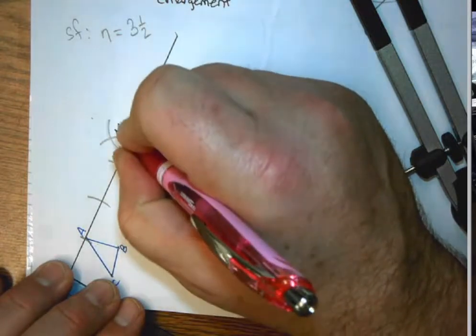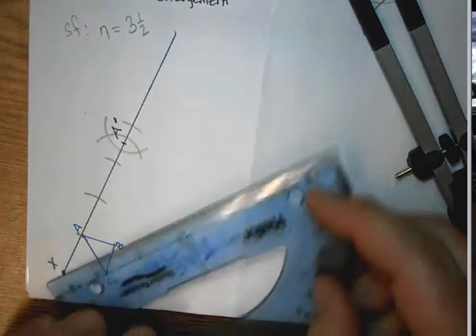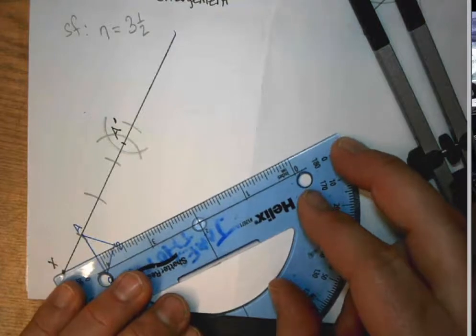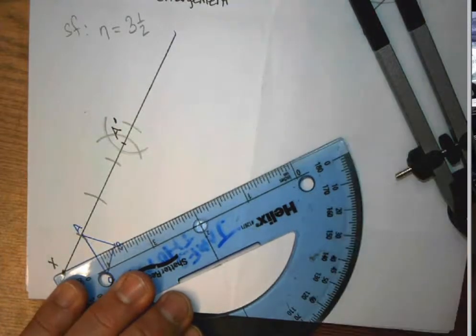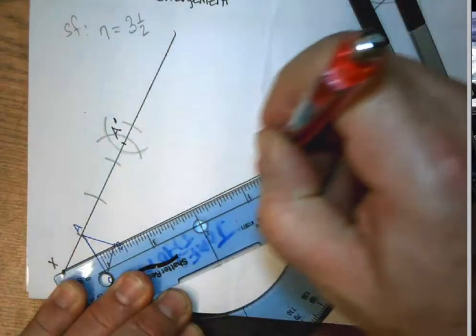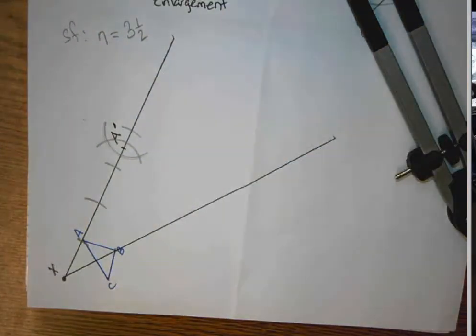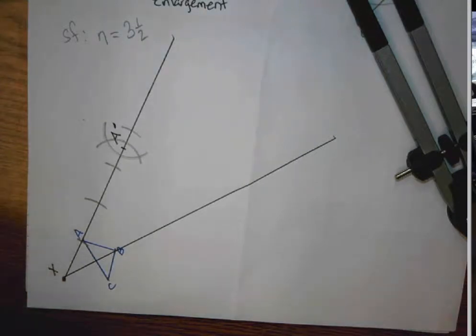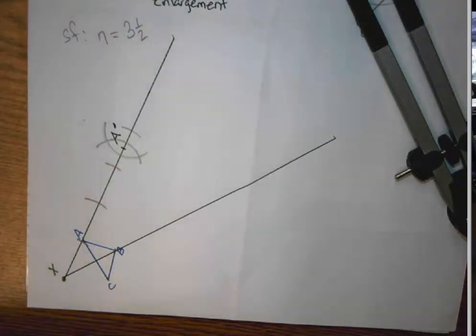So that's my point A prime. I can then do the same thing from B. I go X through B, and then I'm going to measure the distance from XB and copy it so that it becomes 3.5 times as far away, or as long.